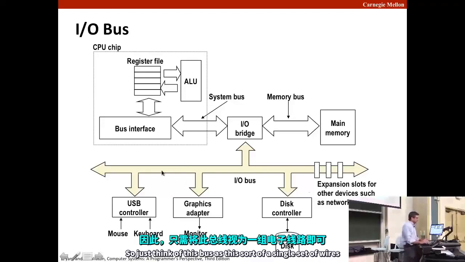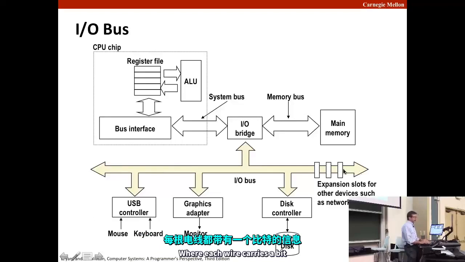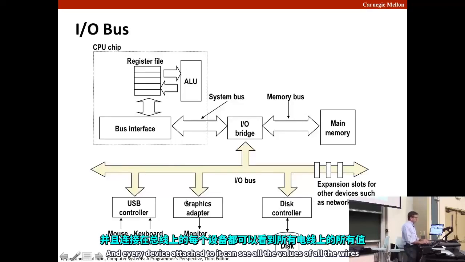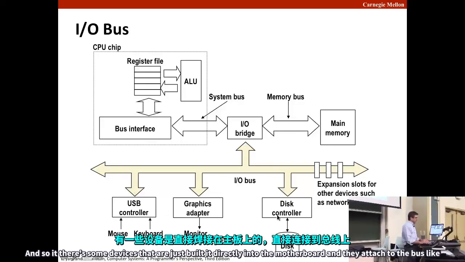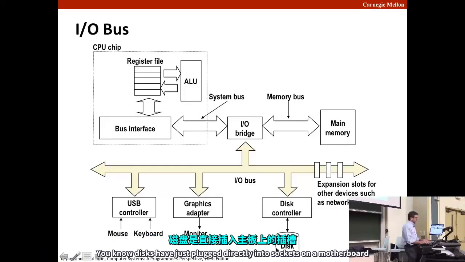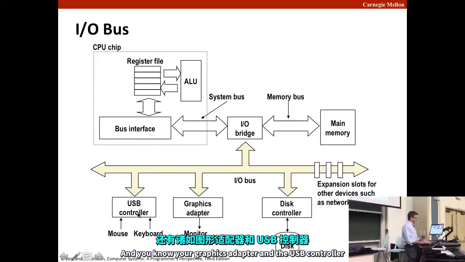So just think of this bus as a single set of wires, where each wire carries a bit, and every device attached to it can see the values of all the wires. Some devices are built directly into the motherboard and attach to the bus. Disks are plugged directly into sockets on the motherboard, as are your graphics adapter and the USB controller.